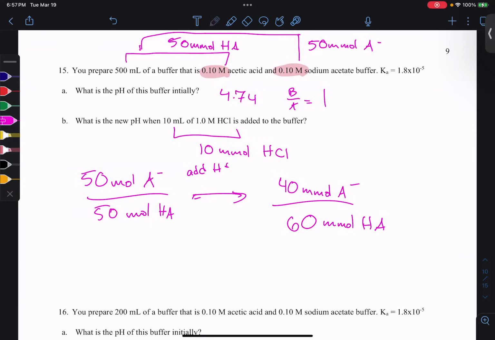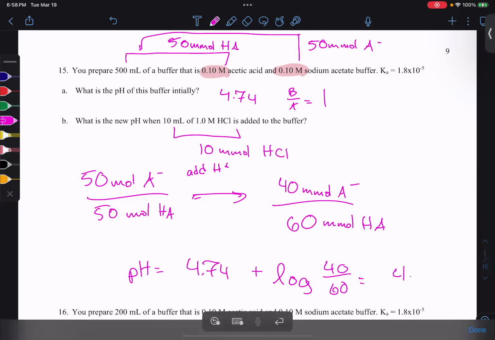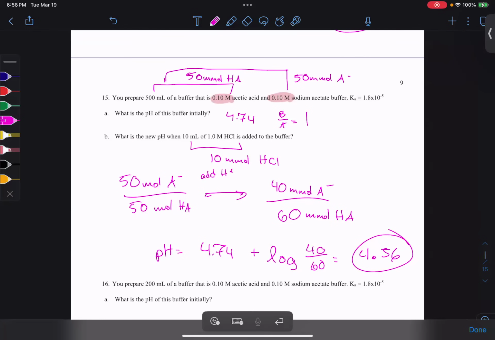And you can prove it to yourself right now. pH equals pKa, so 4.74, plus the log of the new base to acid ratio, 40 over 60, and you get that the new pH is actually 4.56. So did the pH go down? Did it go down more than the more concentrated example? It did, because there's fewer moles of stuff here.